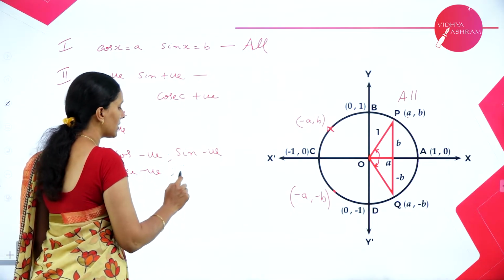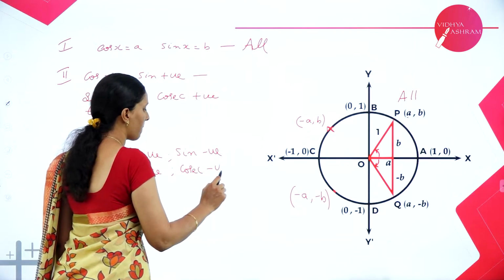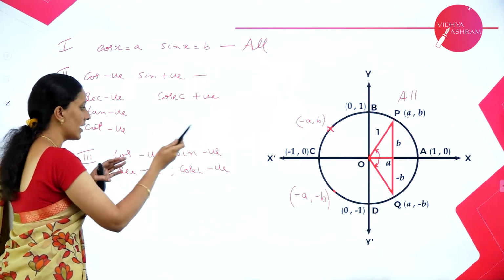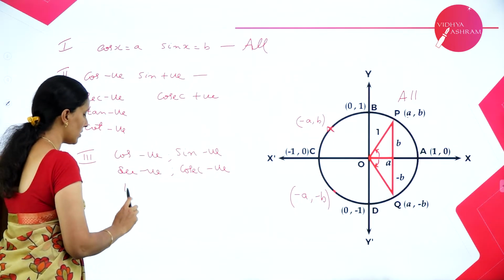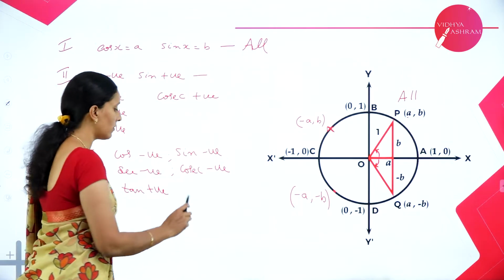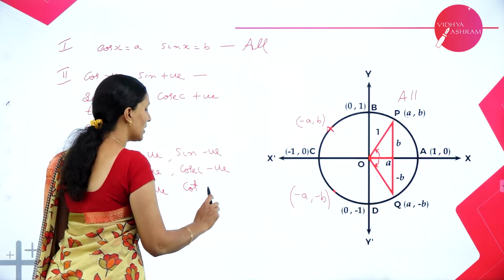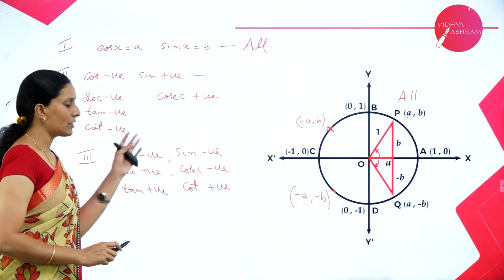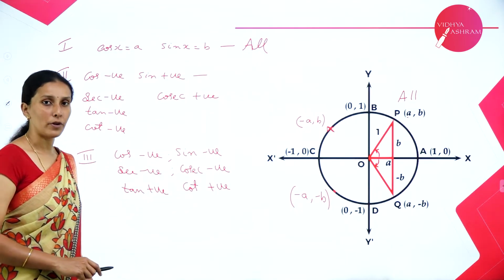Since sin is negative, cosecant is negative. What about tan? Tan is the ratio of sin by cos. Negative by negative is positive. So therefore, in the third quadrant, the tan function is positive. Similarly, the cot function is also positive because it's a ratio of cos by sine, negative by negative, so it becomes positive.